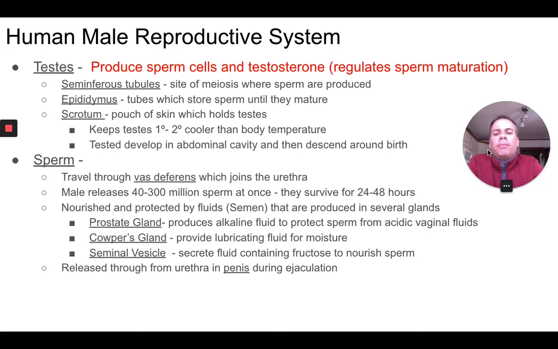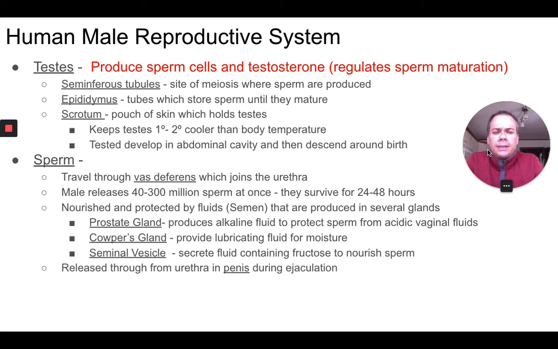So the testes are held in a pouch of skin called the scrotum. Okay? That is sort of external to the body. And the reason for that is because the optimum temperature for sperm production and maturing is slightly cooler than body temperature.